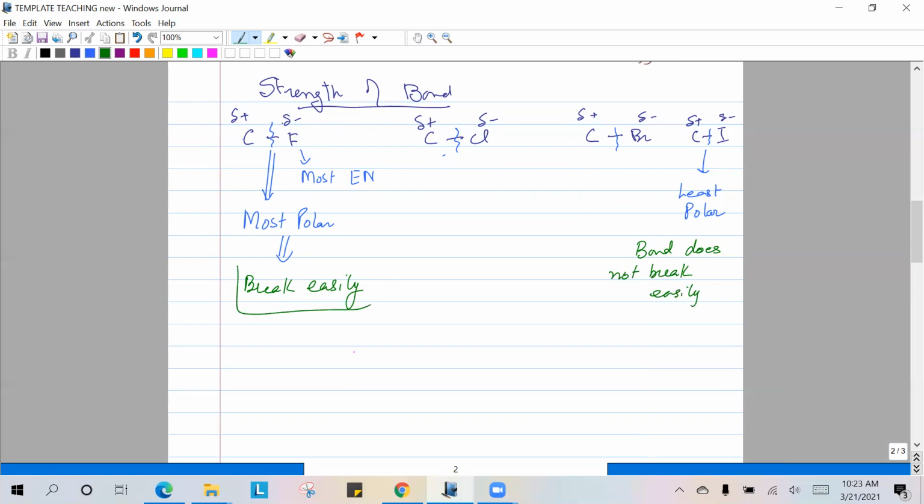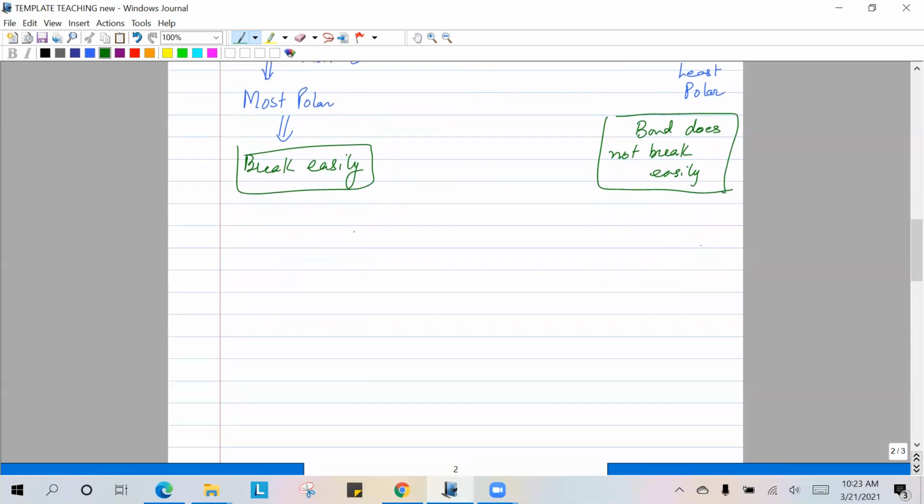Based on this understanding of polarization, if it is breaking easily, that means the bond strength should be the least for this and maximum for this. It should be.